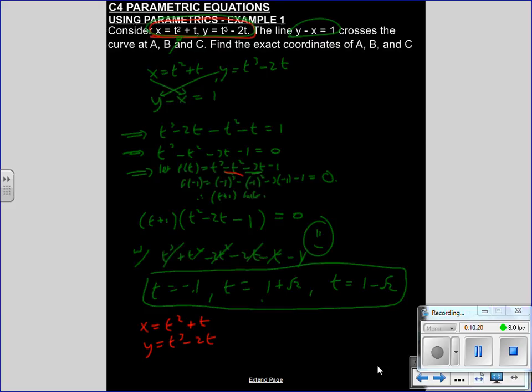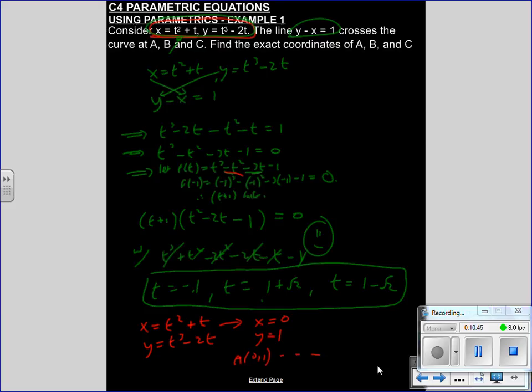So when t is minus 1, x is minus 1 squared, so that's 1, minus 1, so that's 0. When t is minus 1, t cubed is minus 1, minus 2, so that's 1. So there's your first one, 0, 1, and you get the rest of the idea.